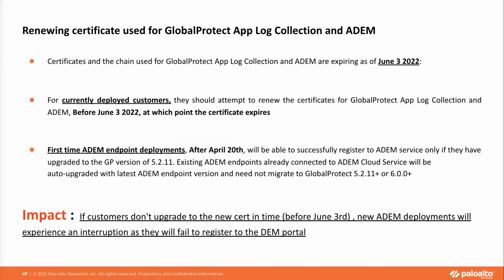The certificates and the chain used by the GlobalProtect app log collection are expiring as of June 3rd, 2022. So if you're using ADEM or the GP app log collection feature, you should renew your certificate before June 3rd.